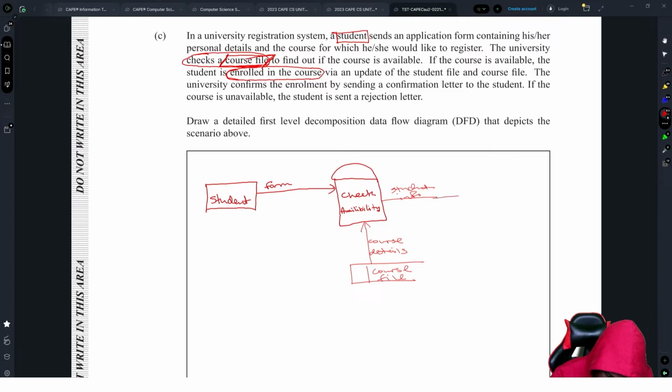Student info will go to our process that will be called enroll student. That means they got in. If the course is available, the student is enrolled in the course via an update of the student file and the course file. So the enroll student process is going to update this file here with the student info.